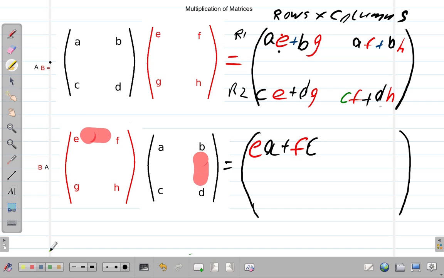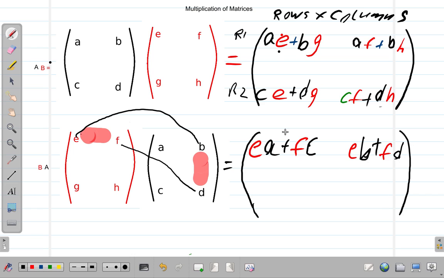And what you will get when you multiply them: first in row 1 by first in column 2, plus second in row 1 by second in column 2. So it's going to be first, E times B, plus second elements multiplied, which is going to be F times D.